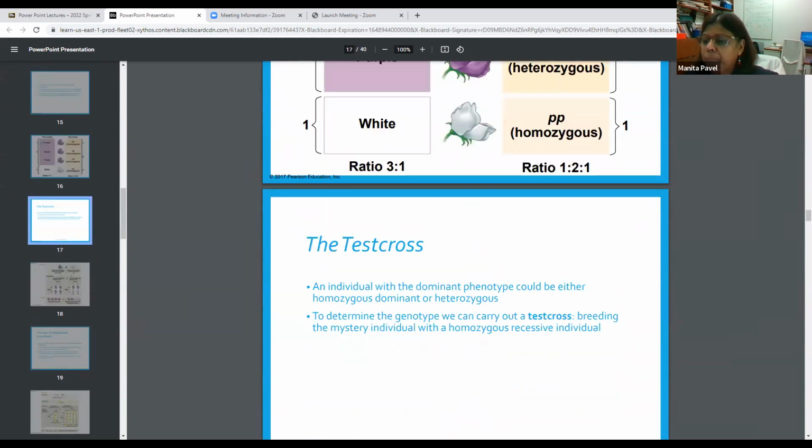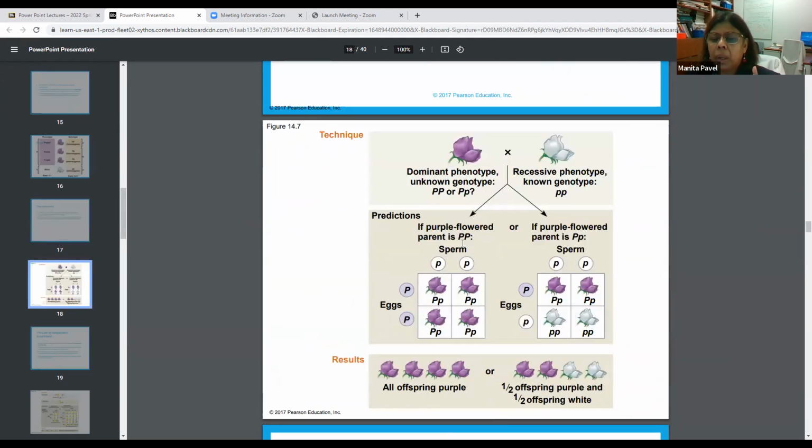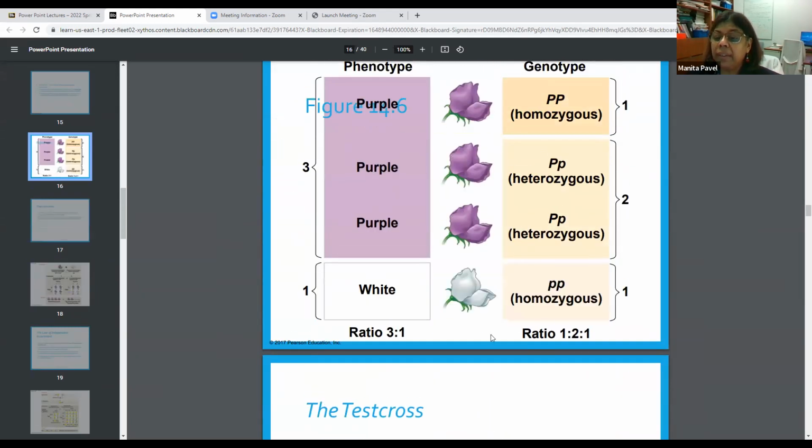Monohybrid comes from the word mono, which means one. So a monohybrid cross is a cross in which one pair of contrasting traits is studied. A classic example would be purple flowers versus white flowers. Number two, the ratio in a monohybrid cross is always 3:1.